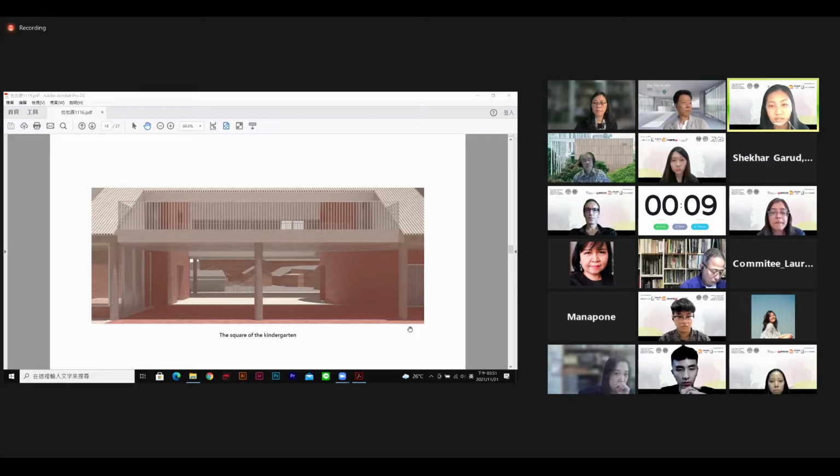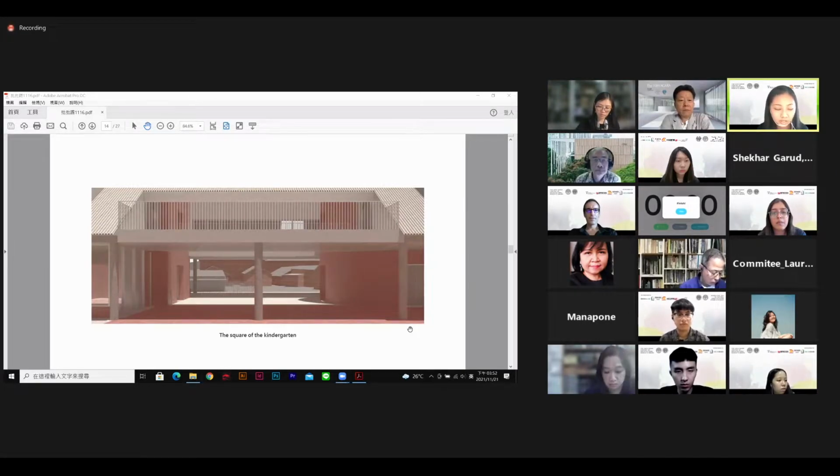And the material is a connection to the community, because I did the design in a little bit simple and a little bit abstract way. So the material stands as a character, as the elements, to correspond to the traditional community.